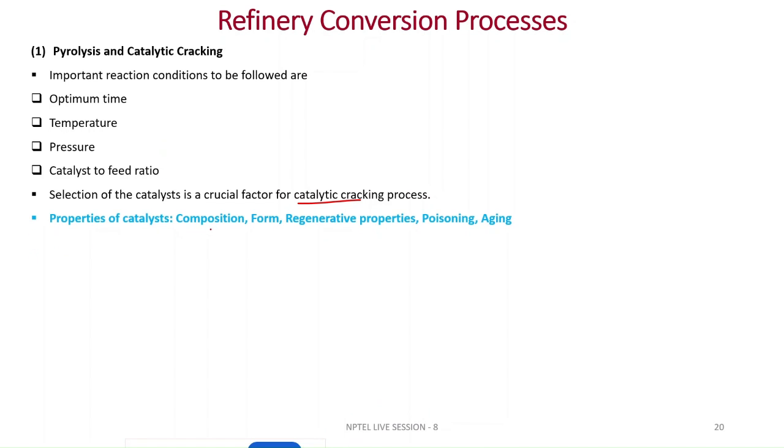Properties of the catalyst, that is composition, in what form the catalyst is present, their regenerative properties, their poisoning effect or the limit, and the aging process.